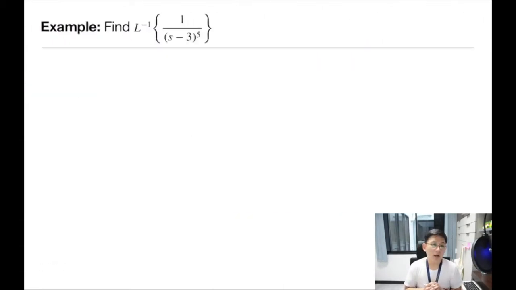Cool. So, example: find the inverse Laplace transform of 1 over (s minus 3) to the 5. First, you probably see that it comes from 4 factorial divided by s to the 5, which is the Laplace transform of t to the 4, and then you shift it from s to s minus a. Makes sense?